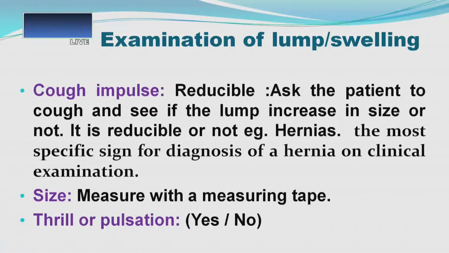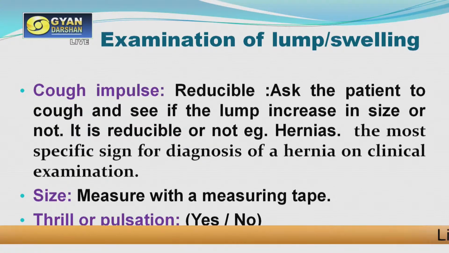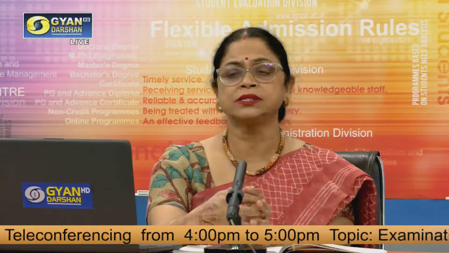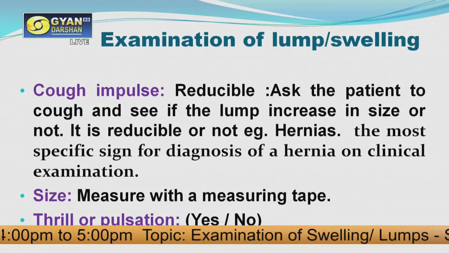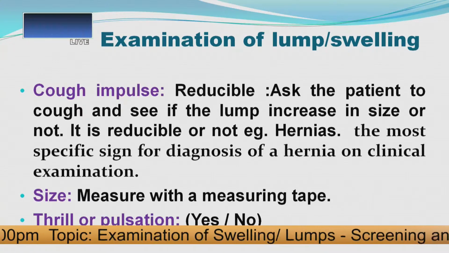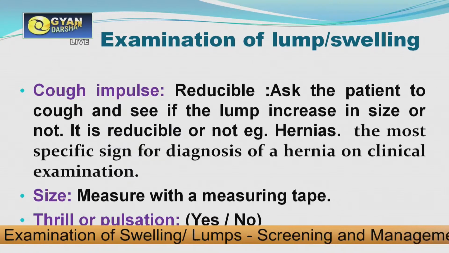If the lump is reducible, that means the lump comes back to its normal position, or it can reduce in size, it decreases in size. That is reducible. So you ask the patient to cough and see if the lump increases in size or not, whether it is reducible or not.